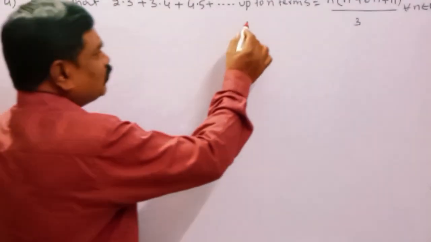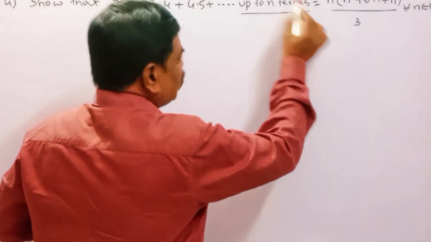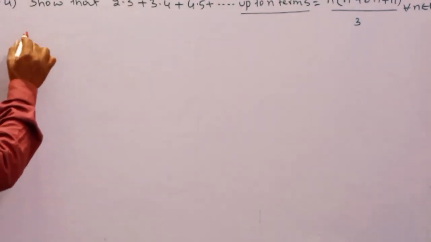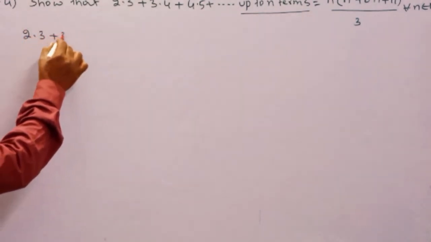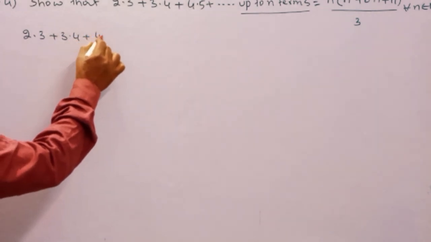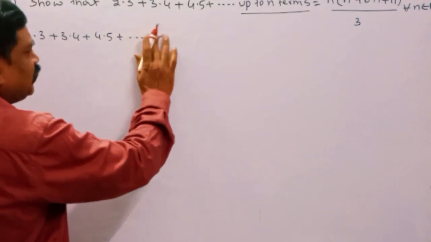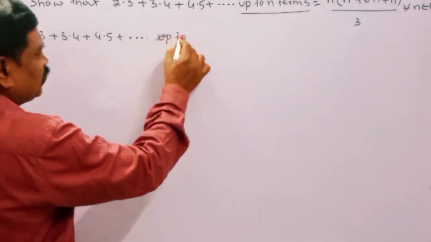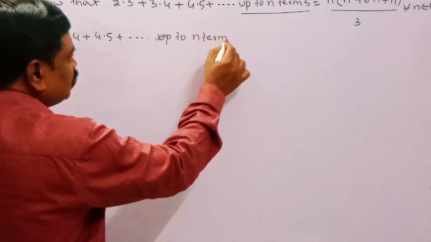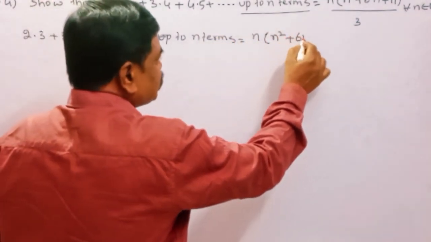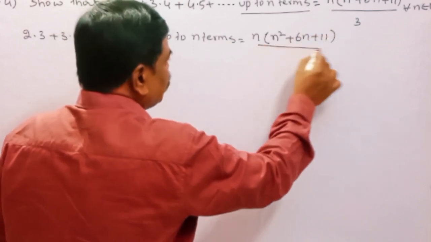So here, we want to find the nth term. This is the given series, 2 into 3 plus 3 into 4 plus 4 into 5 plus so on up to n terms is equal to n into n square plus 6n plus 11 by 3.